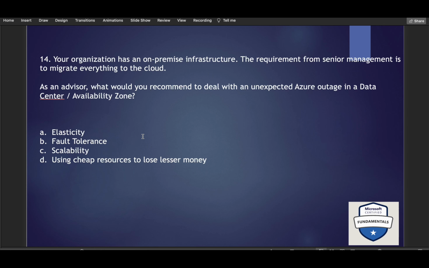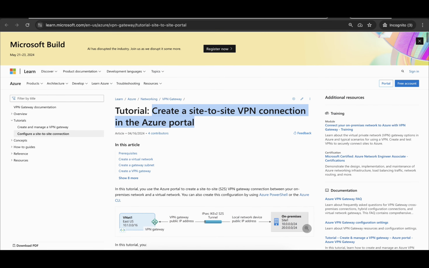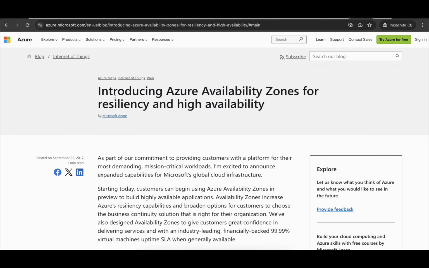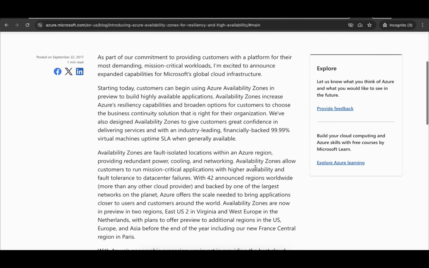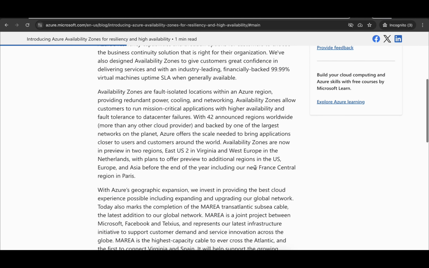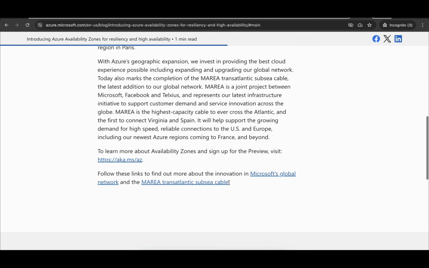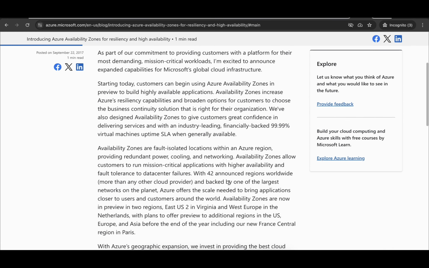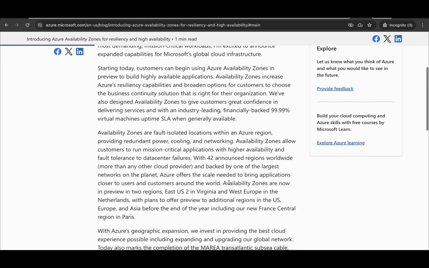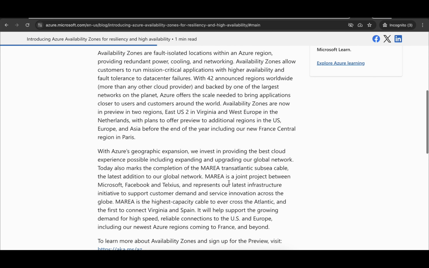Such coordination is possible using Azure. So the answer over here would be fault tolerance. If you want to read more on this, you have here: Introducing Azure availability zones for resilience and high availability. So do read this blog. Here you will come to know more about the Azure availability zones.